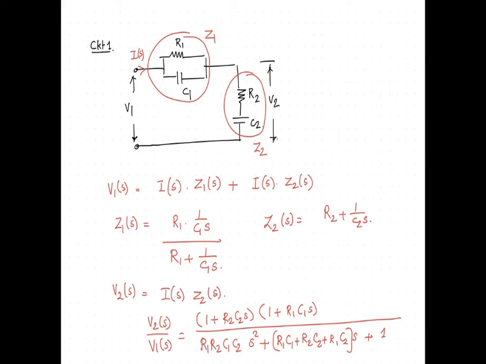It can be seen that the order of this transfer function is 2, because we have the highest degree of the denominator polynomial as 2.